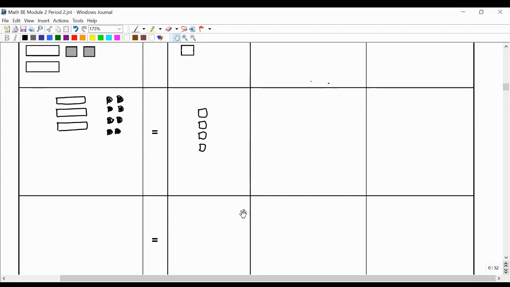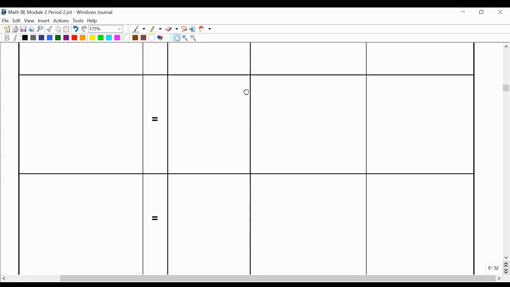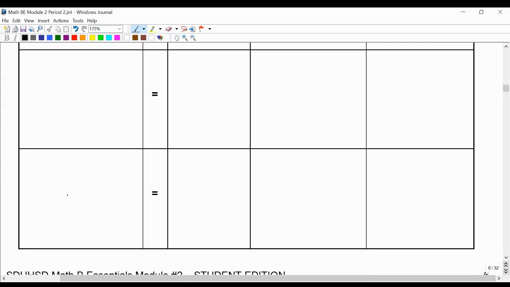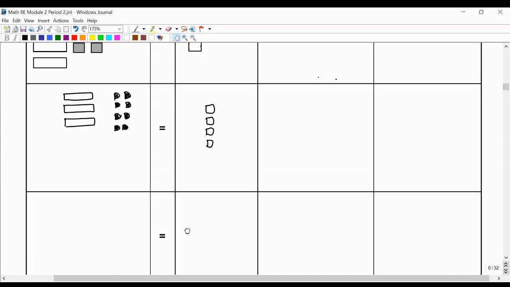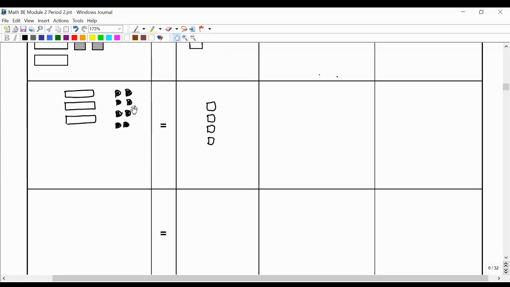And spoiler alert, the end of this, if I scroll all the way down, is my goal is I want to figure out how many unit tiles an x tile is equal to. 1 rod equals what? And so if my goal is to get 1 rod alone, the first thing I want to do is get rid of these unit tiles.